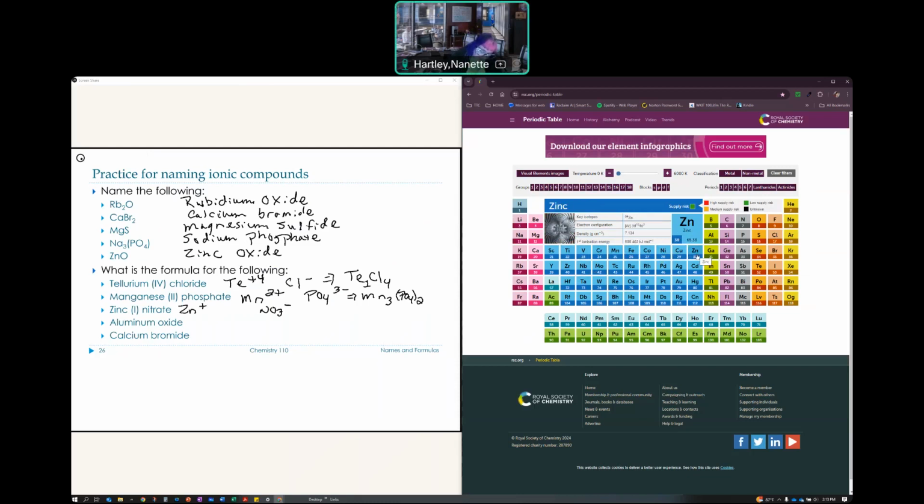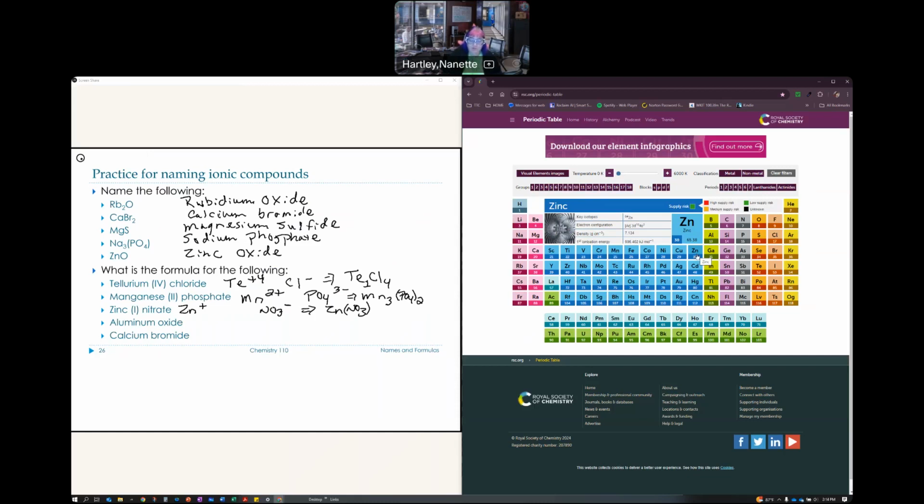So Zn plus NO3 minus, that's going to become ZnNO3. And of course, I don't need to put the parentheses here because they're plus 1 and minus 1, so I know that there's just one of them. But I can include it if I choose to. Either one is correct. So up to you. Right?